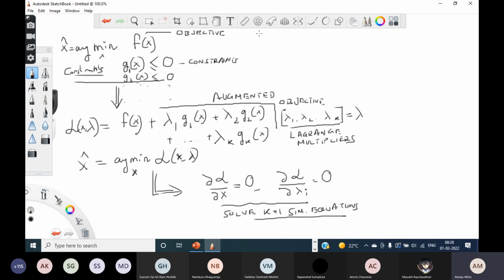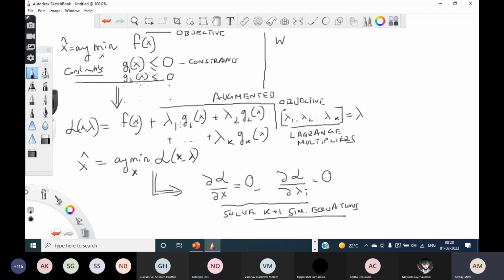Now come back to the specific case which we were talking about. Sir, in this case, how is the gi of x less than or equal to 0 part taken care of? We are augmenting the constraints into the loss function, but how is that part taken care of? Right, correct.